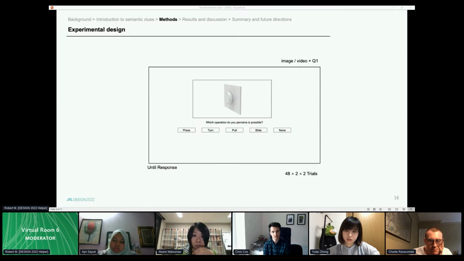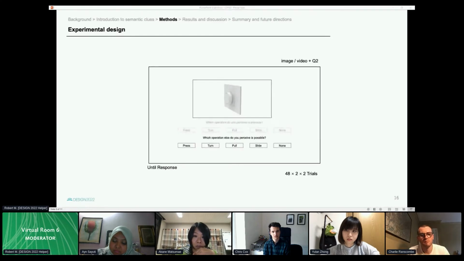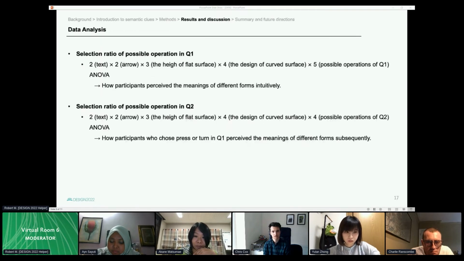Meanwhile, the first question and its options also appeared. After the participant finished choosing for question 1, the second question and its options appeared. We collected their selection and reaction time for data analysis. And we treated selection ratio within individuals as a dependent variable since all participants saw each stimulus twice, and then conducted ANOVA for each question.